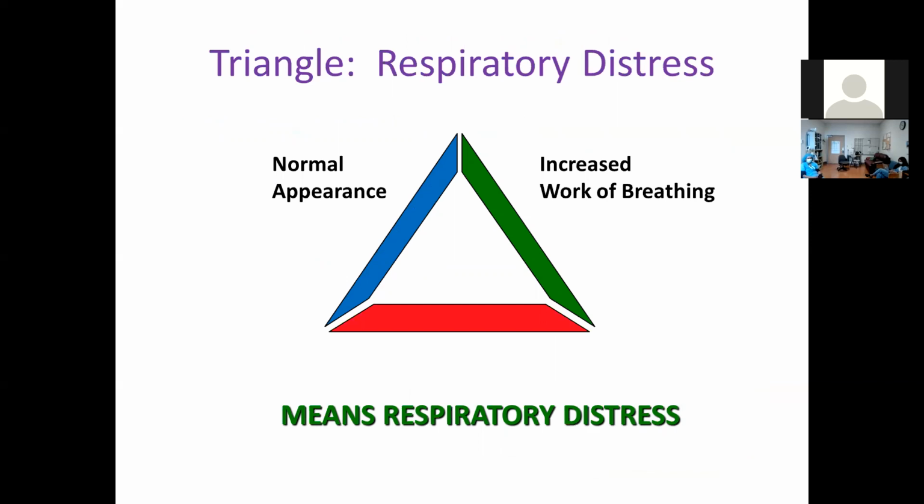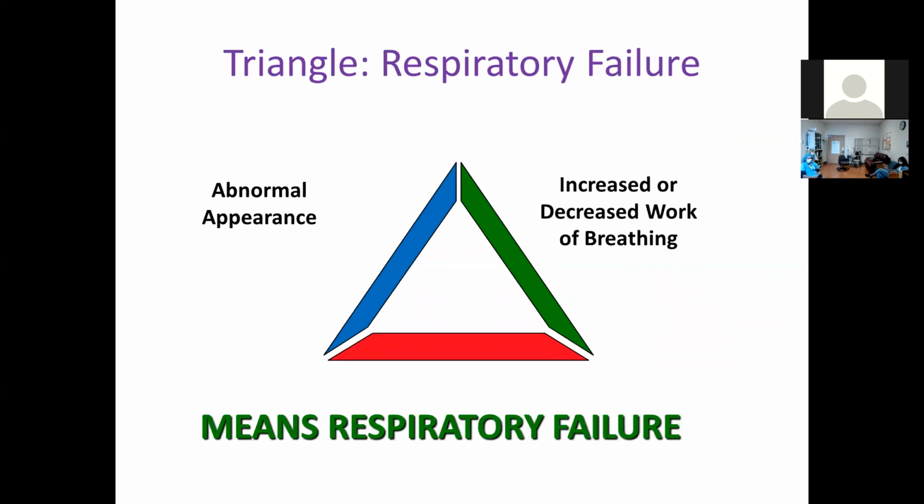So how do we pick up respiratory distress just by looking at the child, without doing any primary assessment or any vital signs? If the child is awake and alert, or could be slightly lethargic, but has increased work of breathing, that indicates the child has respiratory distress.